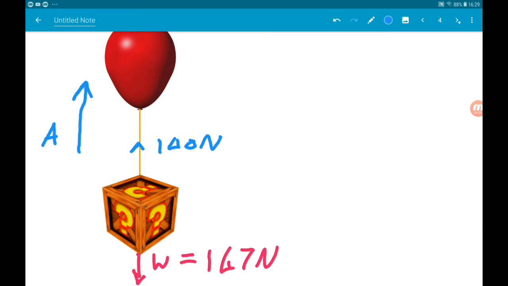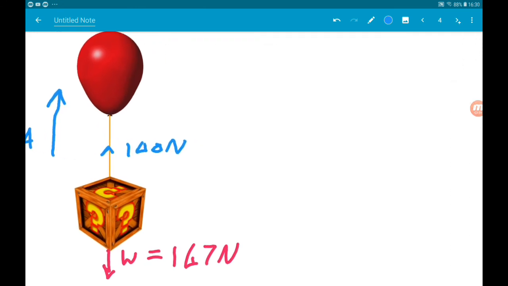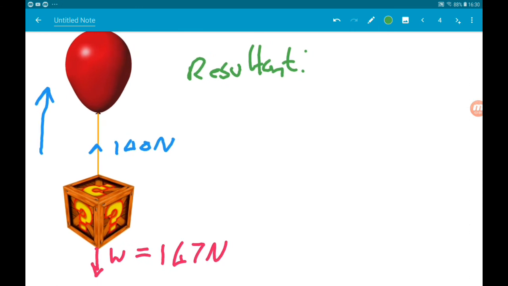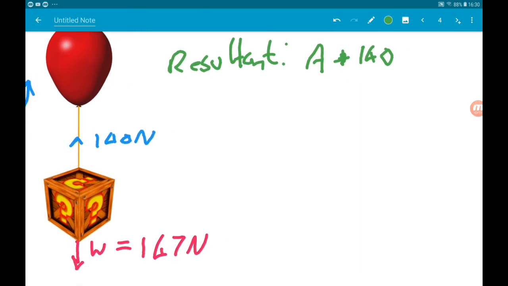Okay, so if we calculate the resultant force, if we add the two upward forces, we get A plus 140, and then we subtract the downward force, so minus 147.